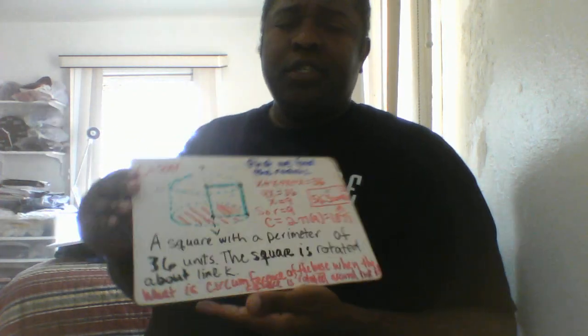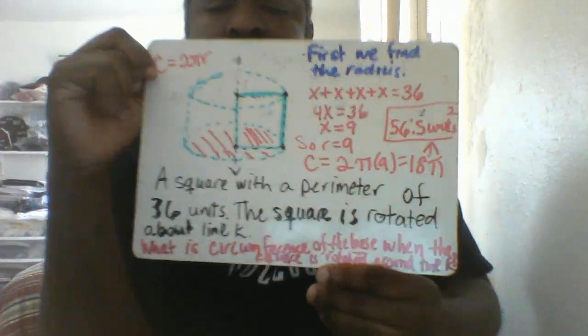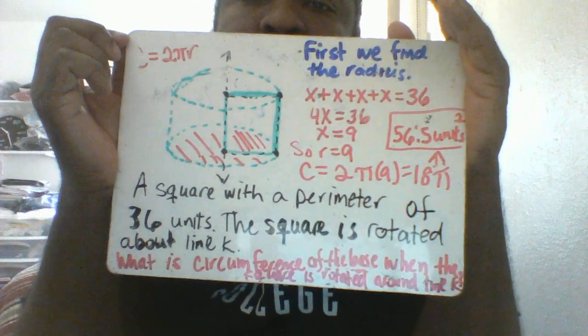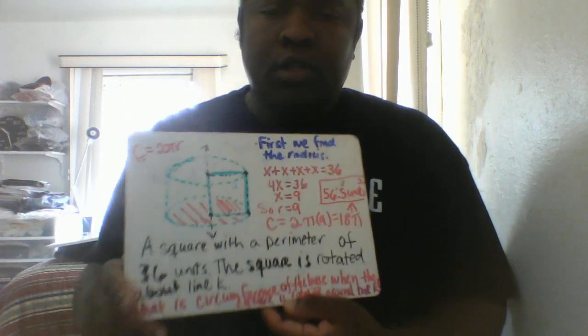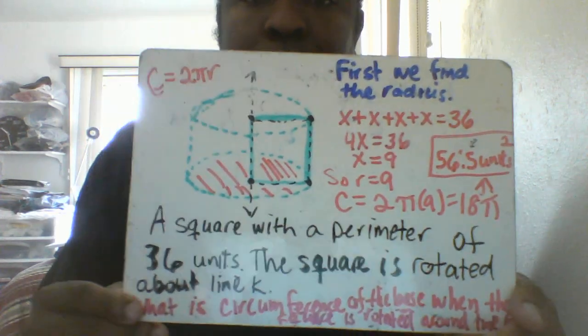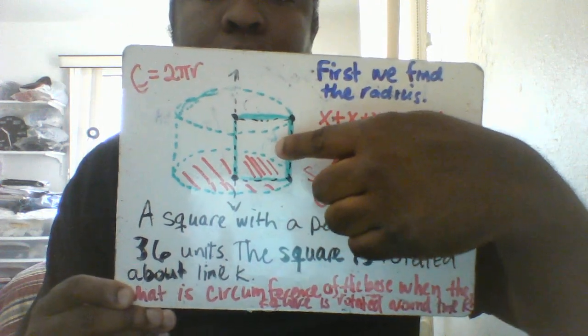So the second part of the assignment deals with taking a figure and rotating it around an axis. Okay. So as you can see, we have a square right here.